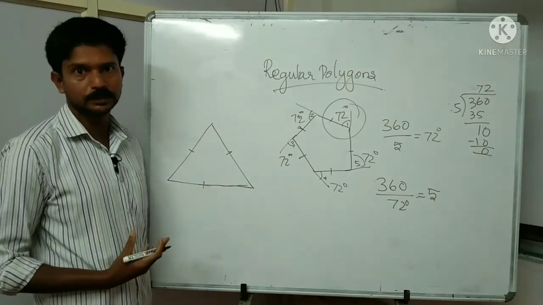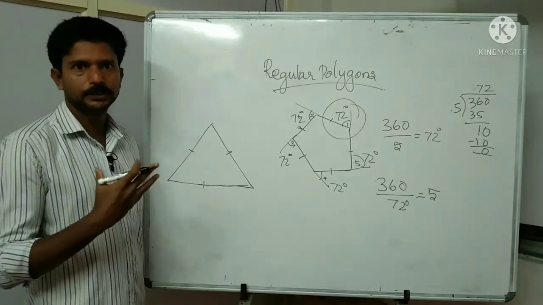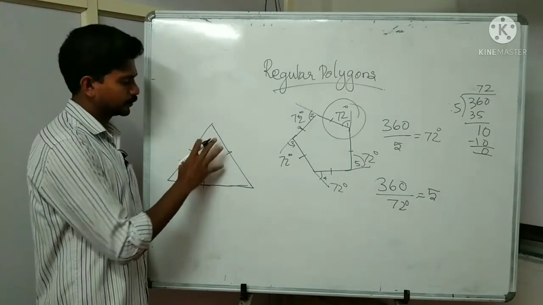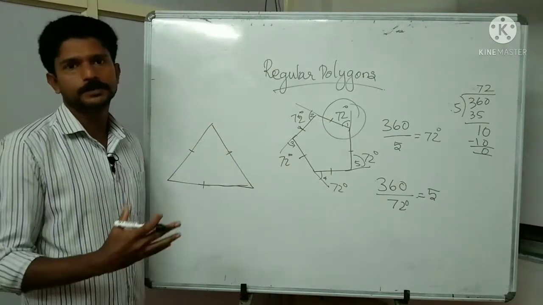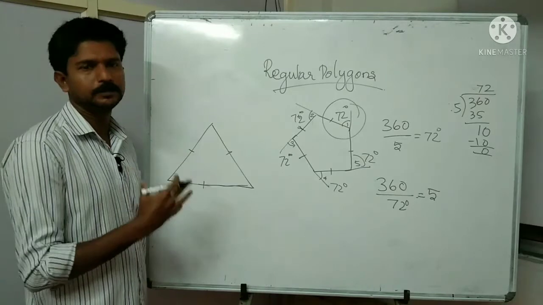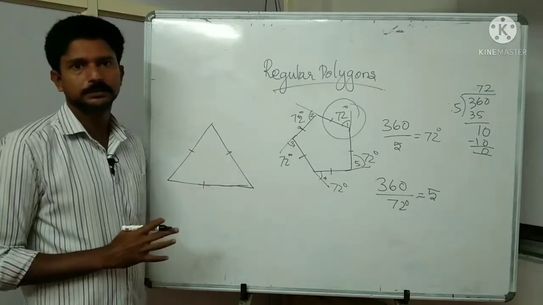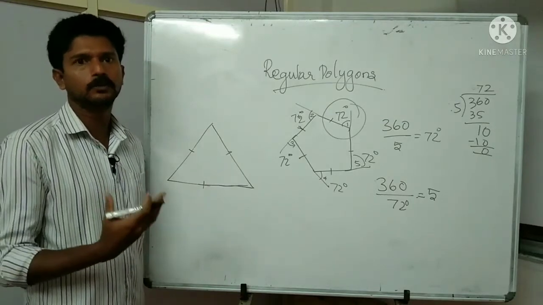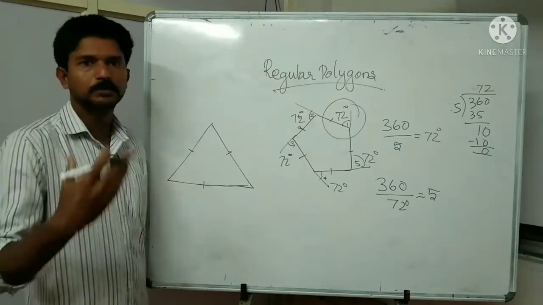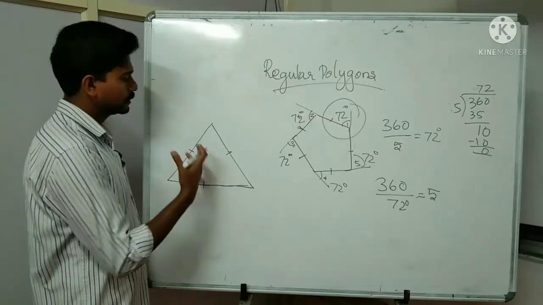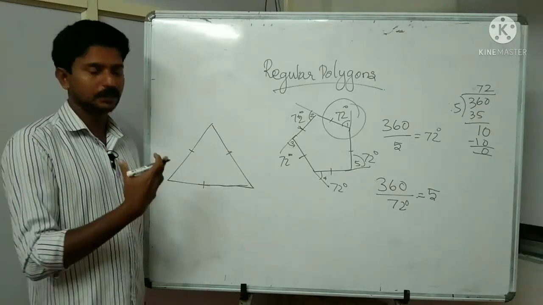Because the triangle is the polygon with the minimum number of sides. We can use only 3 lines. If you go for 4 lines, the number of lines will increase. Using the least number of lines, only 3 lines are used in the triangle. That is why I have taken the triangle.